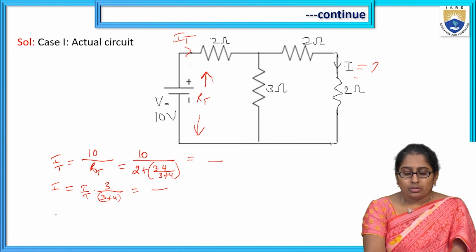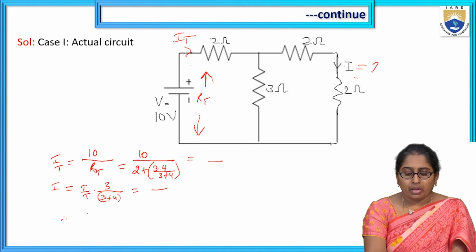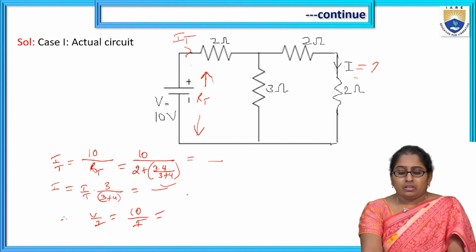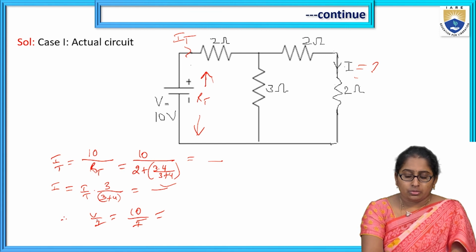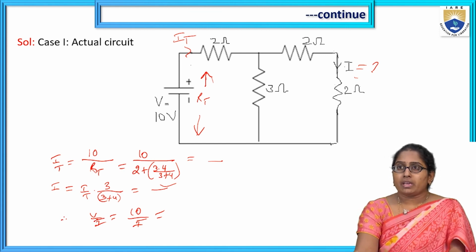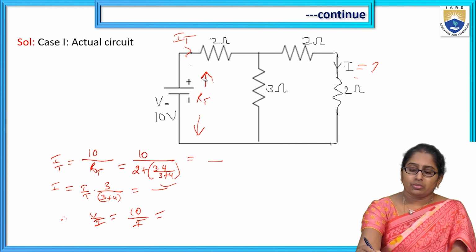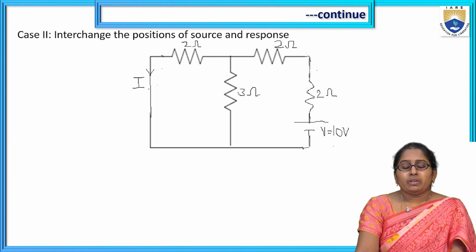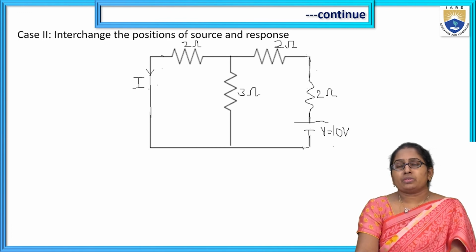Finally, V by I is 10 by the I value. Whatever we get here, we calculate the ratio. That is how we find the case 1 V by I ratio. Then case 2, interchanging the positions of source and response.